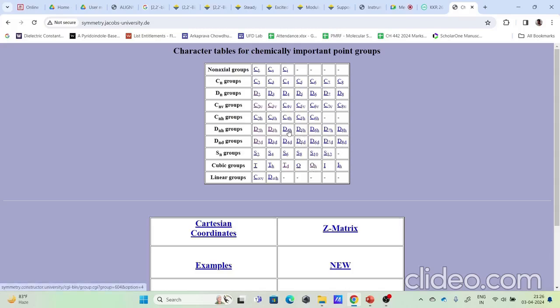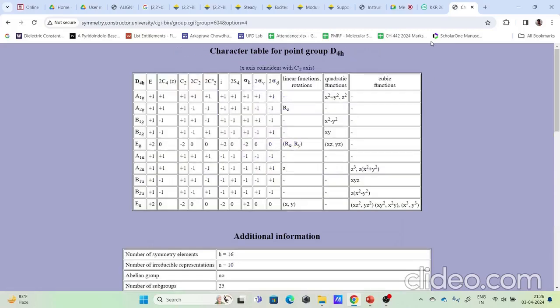Let us see what about D4h. Does it contain a center of inversion? Yes, it does. So one thing is obviously that g symmetry cannot have u symmetry, right?